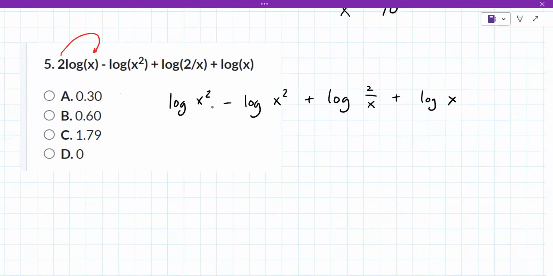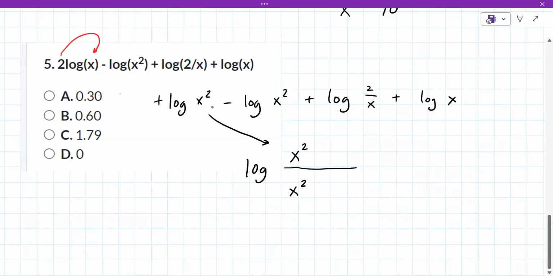Now, we've not really looked at one this complicated, but if it's positive, it goes in the numerator. So the first x squared is going to go in the numerator. If it's negative, it goes in the denominator. So the second x squared is going down here. If it's positive, it goes in the numerator.